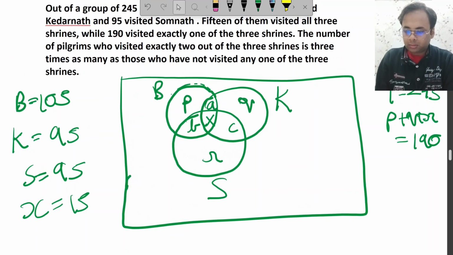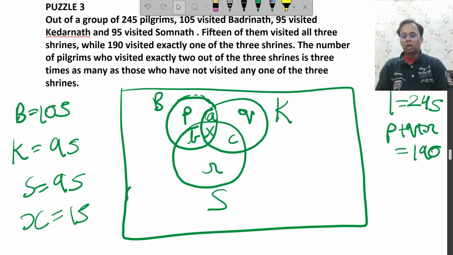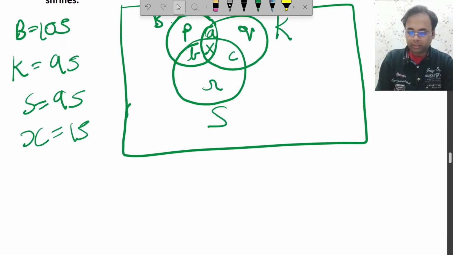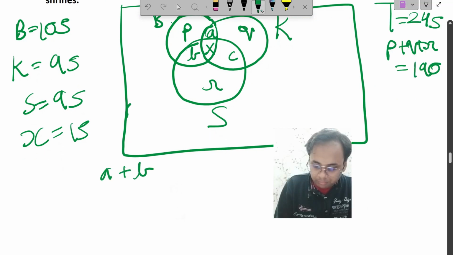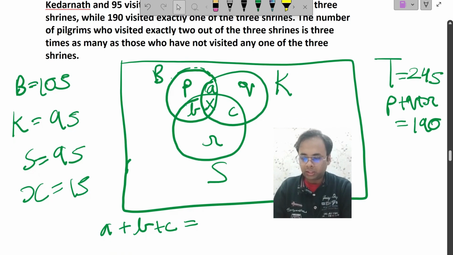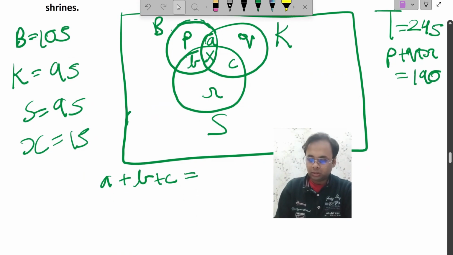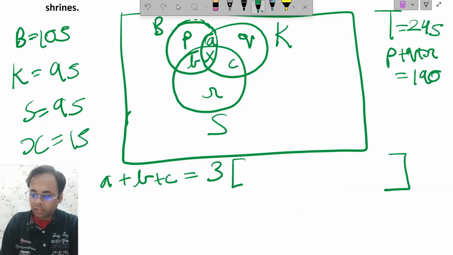The condition says that the number of pilgrims who visited exactly 2 out of the 3 shrines, so exactly 2 out of the 3 shrines means A, B and C, is 3 times as many as those who have not visited any of the 3 shrines.